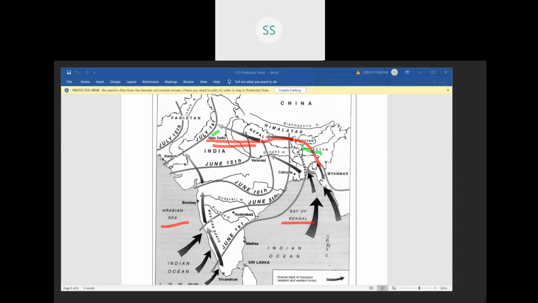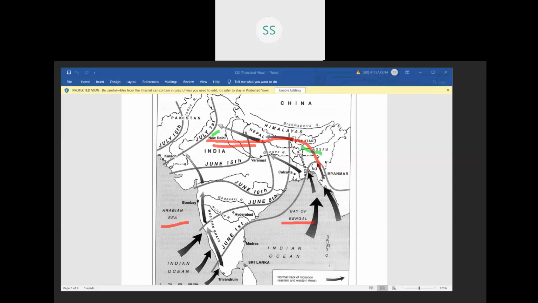What happens when there is rainfall for 3-4 days? The temperature falls a little. From 45, the temperature may fall down to 35 or 30 degrees. The moment temperature falls down, what will happen to pressure? Pressure will automatically change. Pressure will go high. So it will not attract the winds. So for 10-15 days, there will be no rainfall.